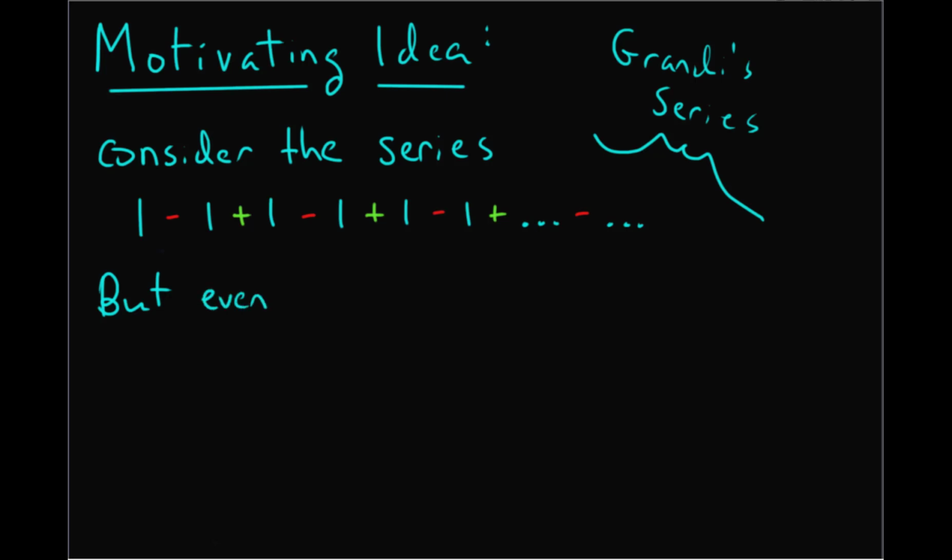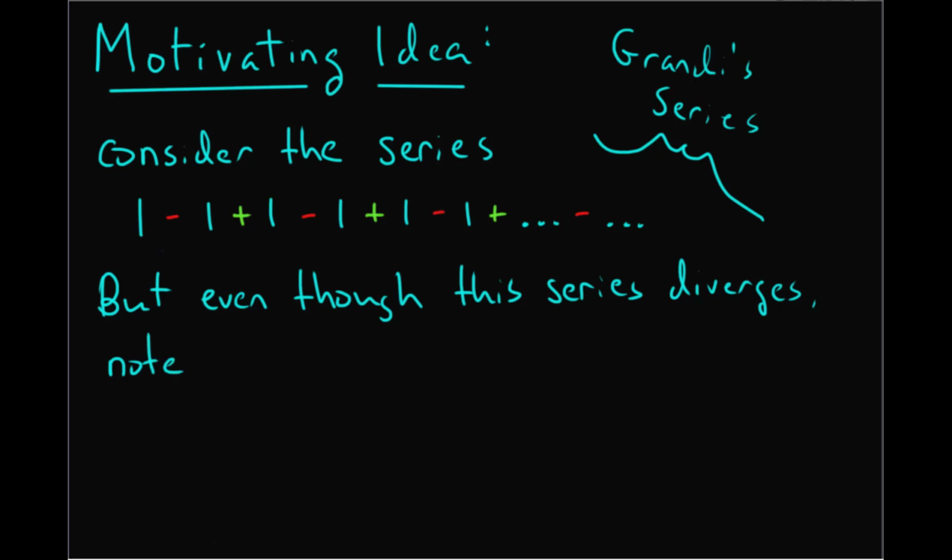But Grandi says, okay, hold on. Even though this series doesn't meet our definition of convergence, speaking heuristically about this series, it is an unending tug of war between partial sums equal to 0 and partial sums equal to 1, and in fact, we have approximately as many partial sums equaling 0 as we have equaling 1.